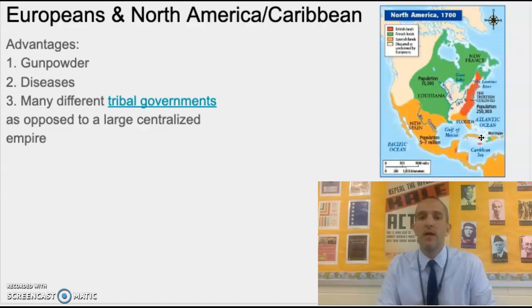Here we have a lot of different governments throughout this area and a lot less centralized. There are some major, huge tribal Native American governments like the Iroquois, for example, but for the most part, they're not to the same extent of centralization that we see in Latin America. So it's a little bit even easier for the Europeans to take over and take control.